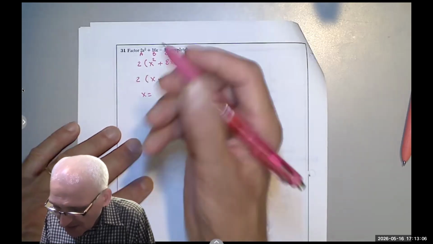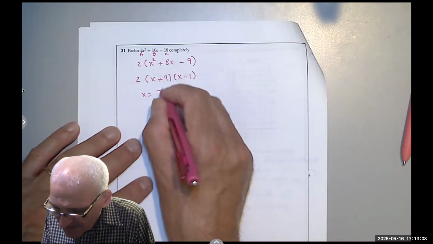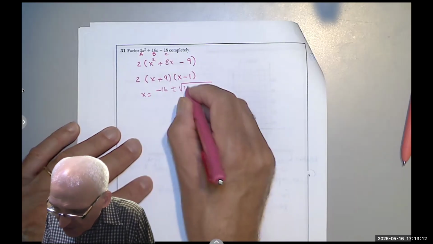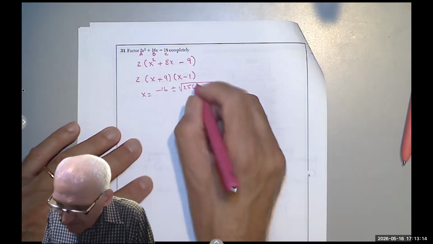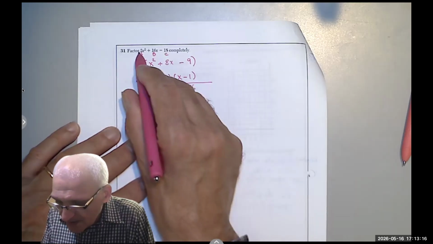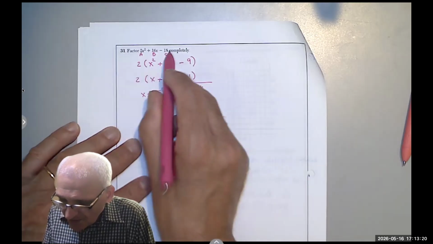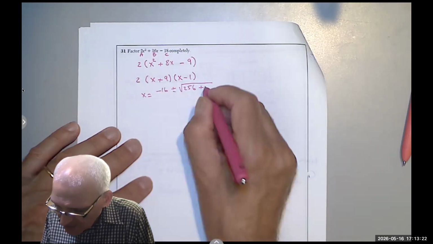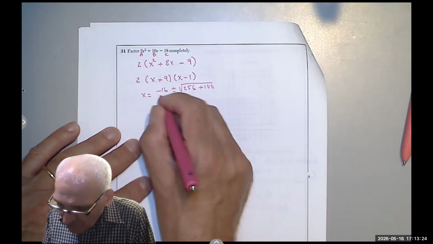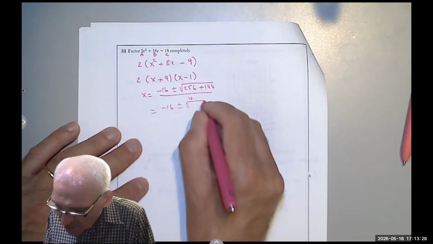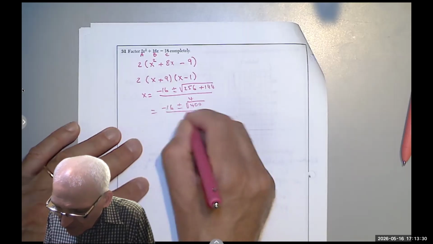But since I already wrote it, -b is -16, plus or minus the square root of 16 squared, which is 256, minus 4 times 2 times negative 18, that is plus 144, right? 8 times 18 is 144, over 4. So it's -16 plus or minus the square root of 400, over 4.